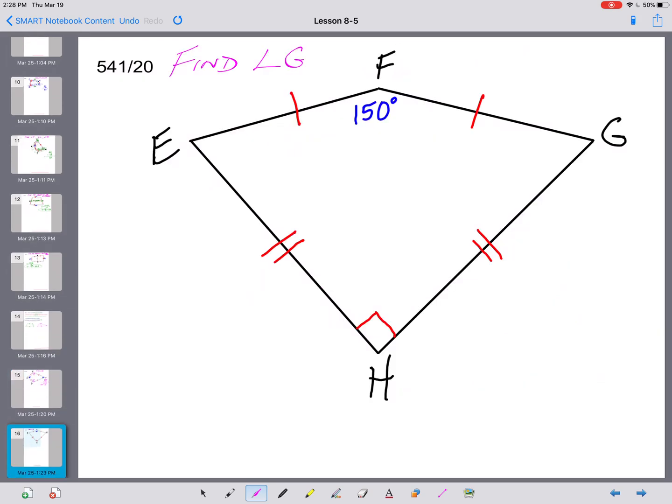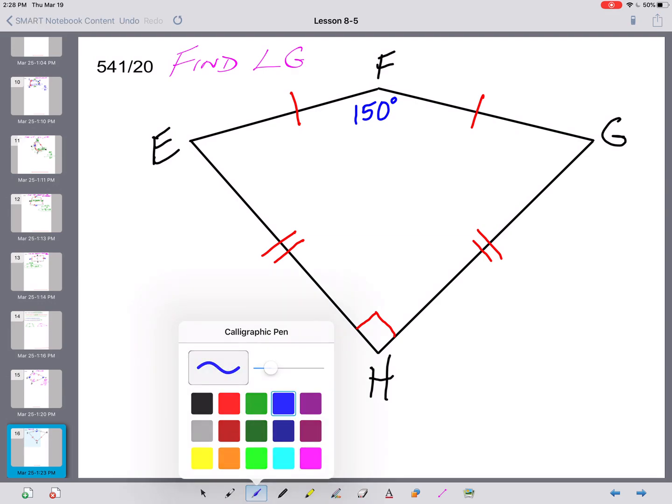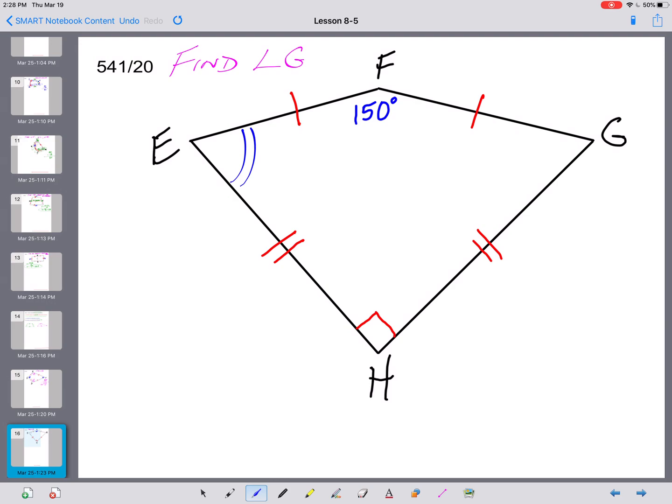Okay, number 20. Again, it's a kite. We need to find the missing angle. Well, definitely F and H aren't the same, but right here, E and G are the same. Once again, angles inside a quad, because the kite is a quad, add up to 360. This is 90 here. Let's see what we used already. 150 and 90.